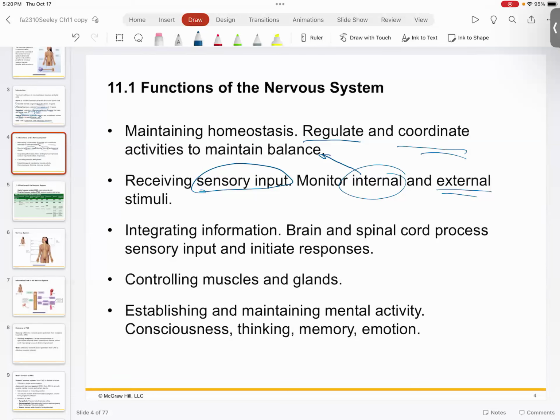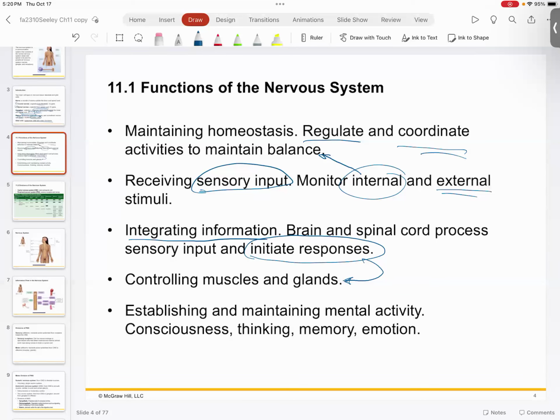Once they receive this information, it's their job to integrate it. You do that in your brain and spinal cord for the most part. Then they have to come up with a decision based on that information. That's your response. The responses then go to targets, muscles and glands, for instance, in order to act accordingly based on the information you just received.